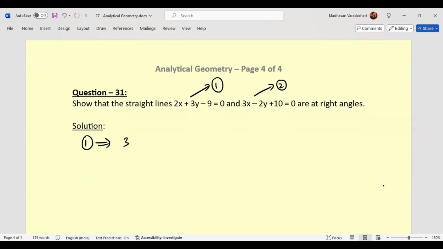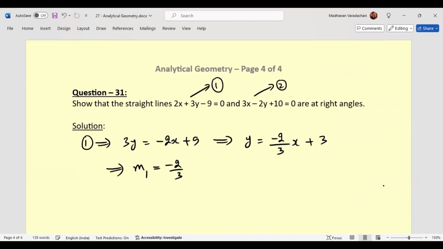In the first one, we can rewrite it as 3y is equal to minus 2x plus 9, which can be rewritten as y is equal to minus 2 by 3 times x plus 9 by 3 is nothing but 3. So this implies that the slope for the first line, m1, will be negative 2 by 3 and the y-intercept will be 3 for the first line.